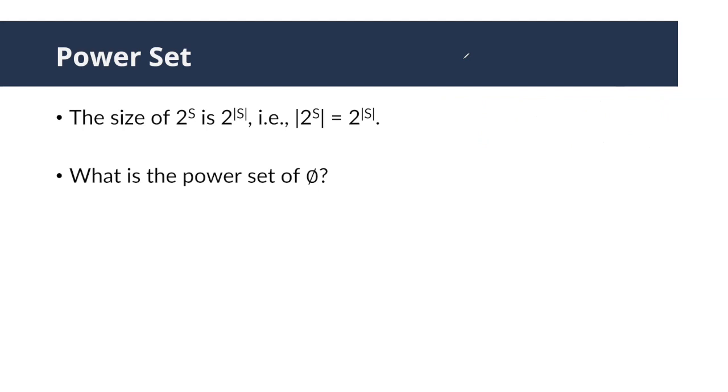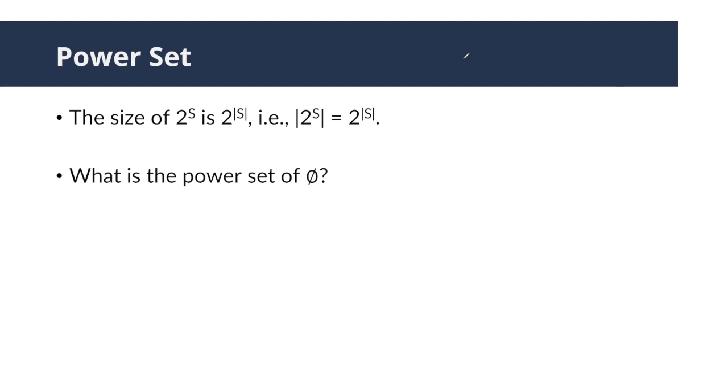Now let me ask you a question. What is the power set of the empty set? Some of you may say it's just the empty set because there's no element in the empty set. That's not true, because according to the definition, the power set of the empty set should include all the subsets of the empty set.